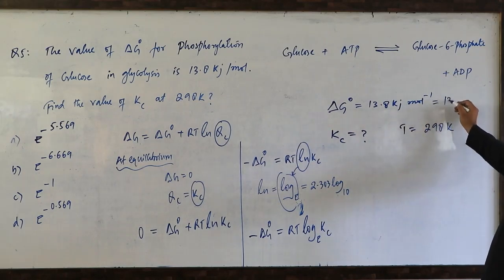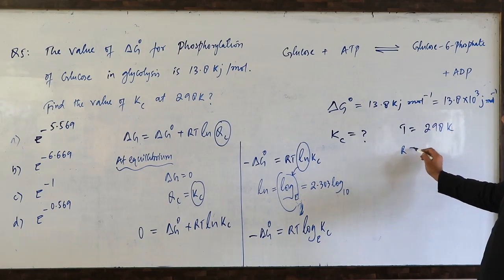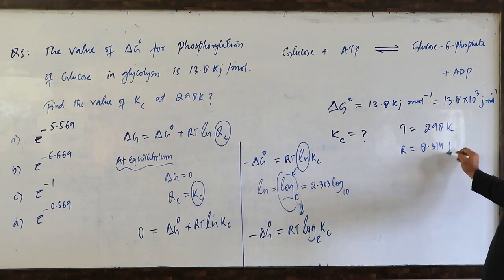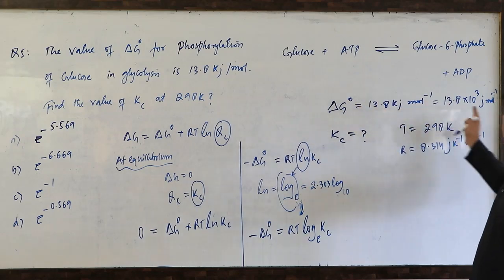It will become 13.8 into 10 raised to the power 3 joules per mole. Then I can write the R value as 8.314 joule per Kelvin per mole. Why did I use the unit joule here? Because I converted delta G naught into joules.